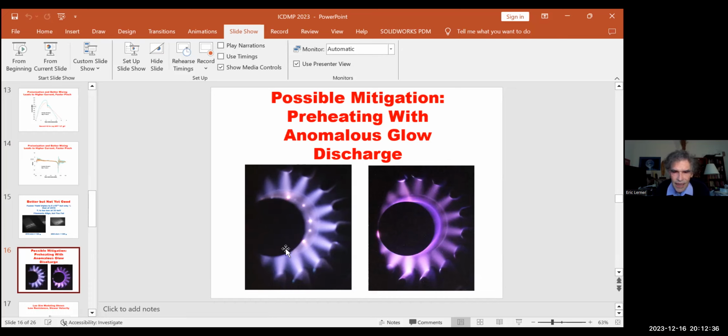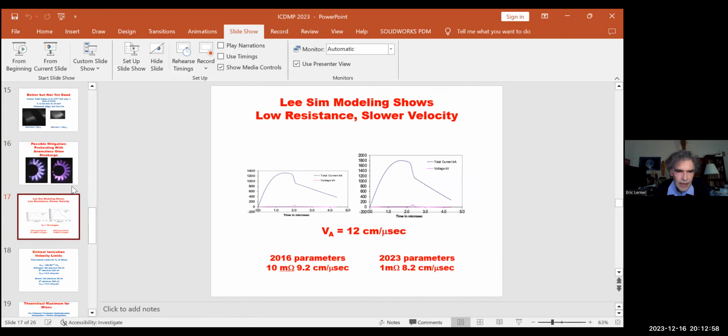Now, we tested that again with the trigger, and you can see going from without the pre-ionization on the left to the pre-ionization in this glow discharge regime, we get a very even breakdown. We haven't been able to test that yet on the main machine because we're still working on protecting the circuit against the 40 kilovolts that it has to resist.